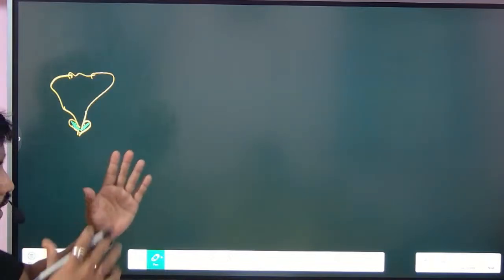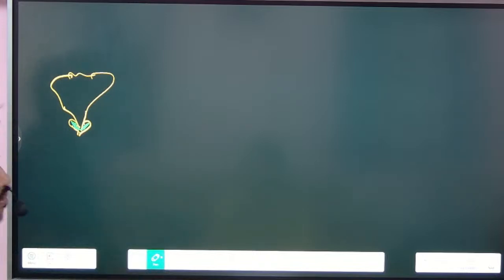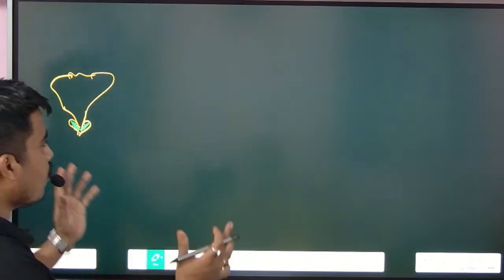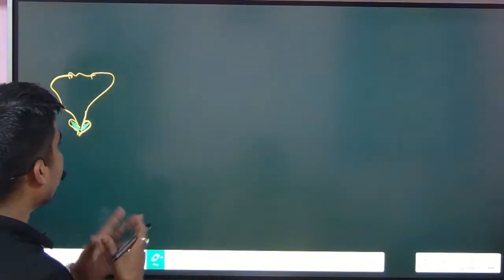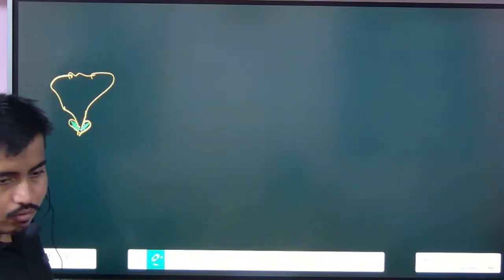But in another plant, the number of fruits is very low, but the size of the fruit is very large. Then you can mix the traits by cross pollination.